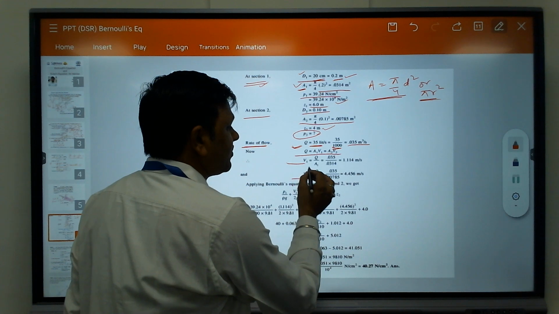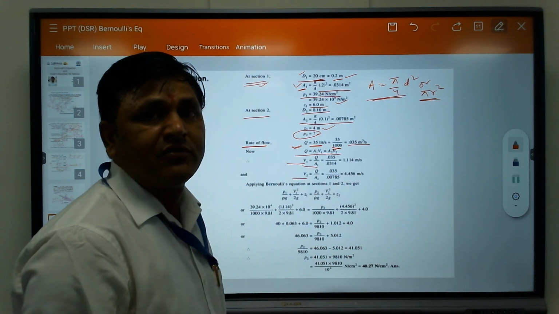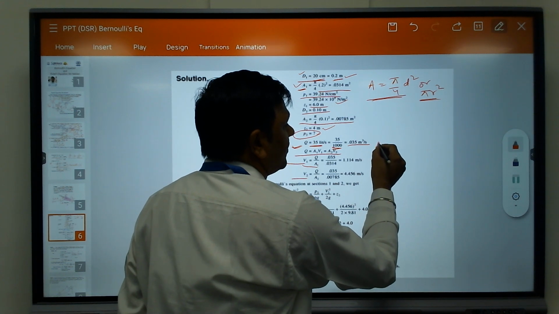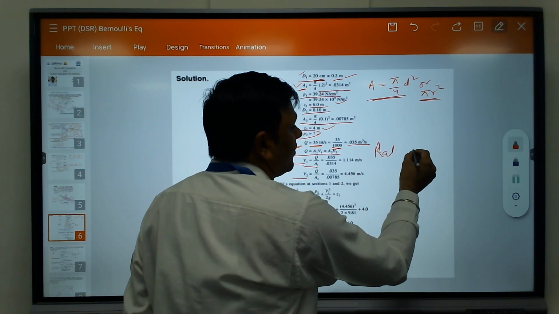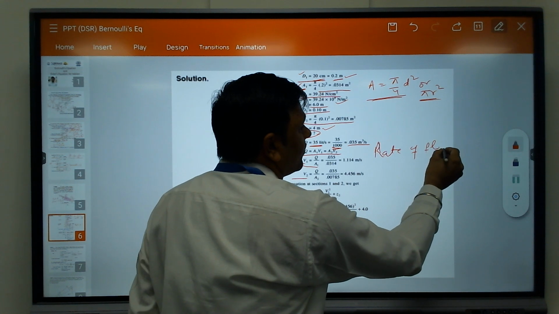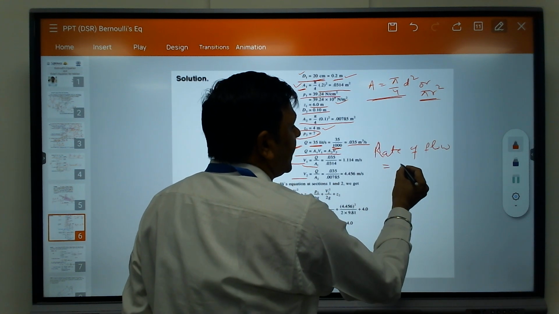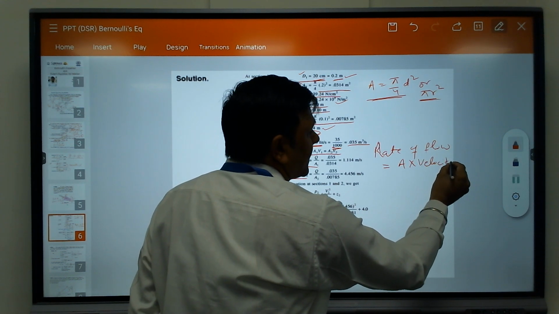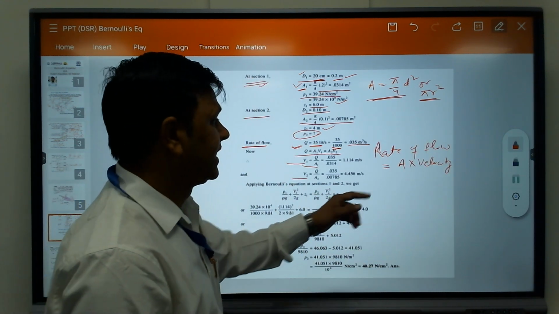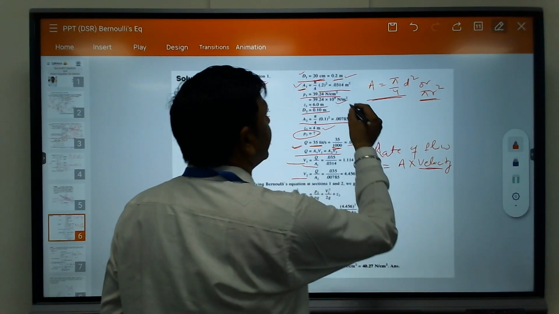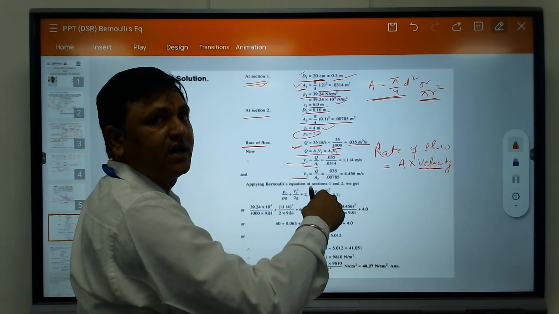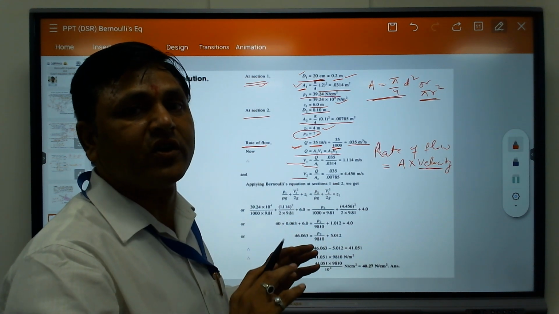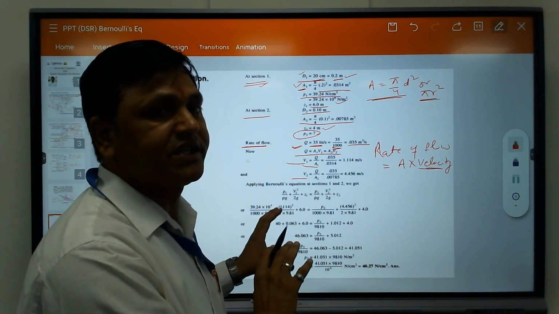Velocity is equal to Q by A. We know about the rate of flow. What is the rate of flow? Rate of flow is equal to area into velocity. Here velocity is not given in this numerical, but to find the intensity of pressure in the Bernoulli equation, we need the velocity.